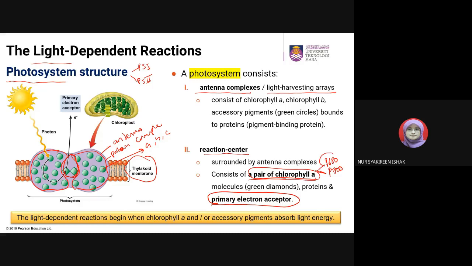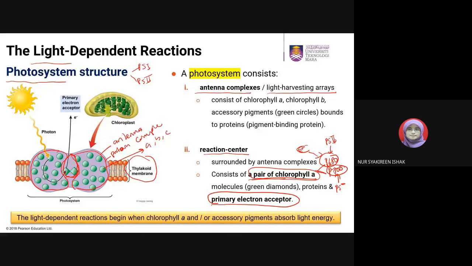Okay, P680 is inside photosystem 2. Okay, P700 is inside photosystem 1. Okay, so this special pair of chlorophyll A will have a pair of electrons, and when these electrons receive photons, light energy, they will be energized.